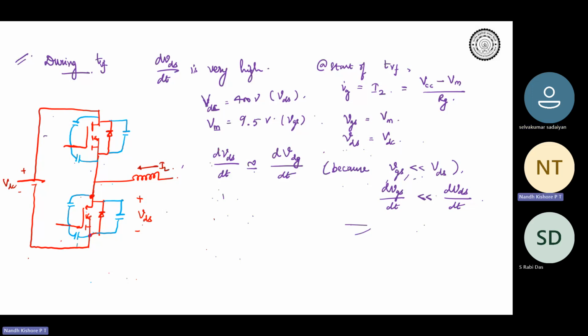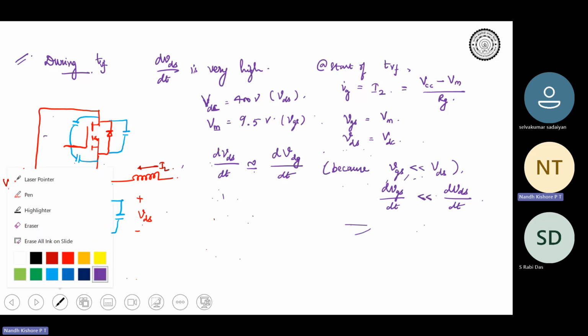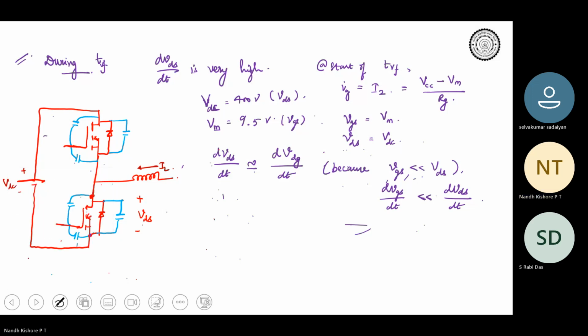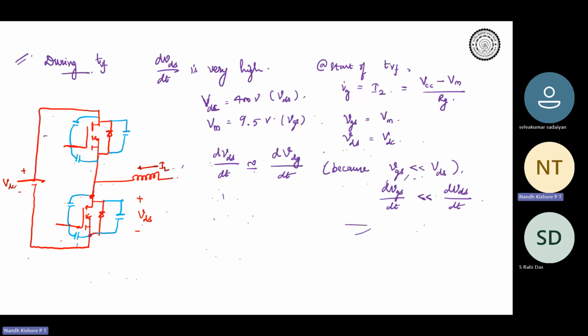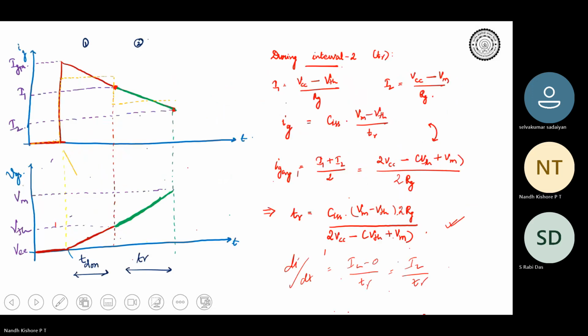Okay. So then what you would see is that, let me draw this switch in a zoomed manner. I'll just take this to the next page.